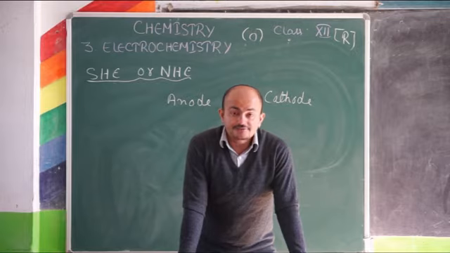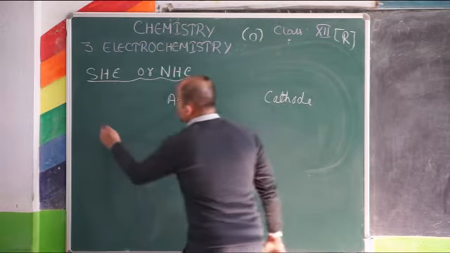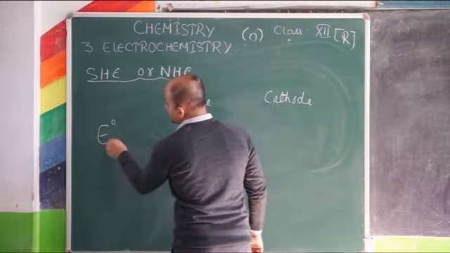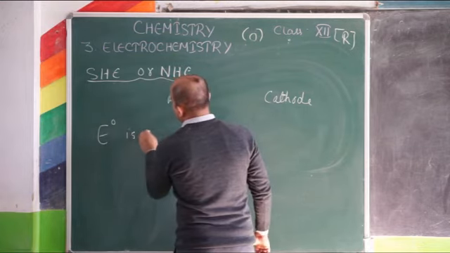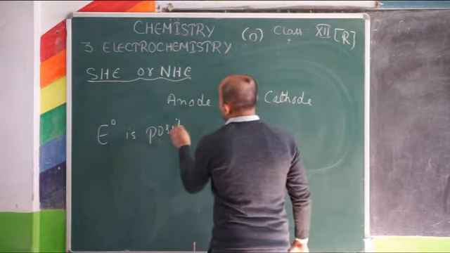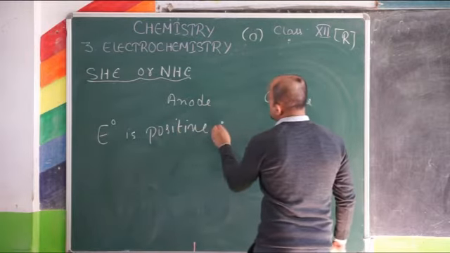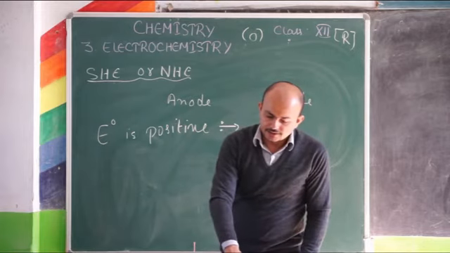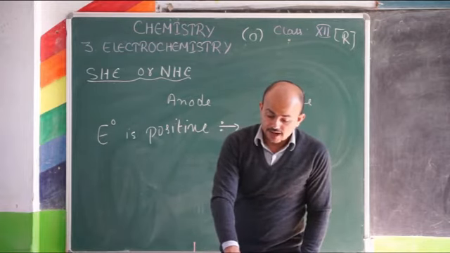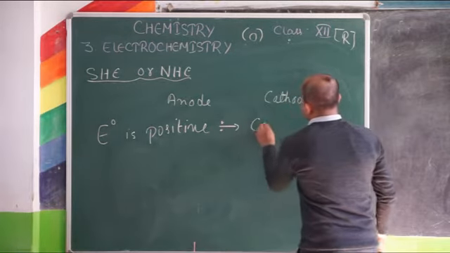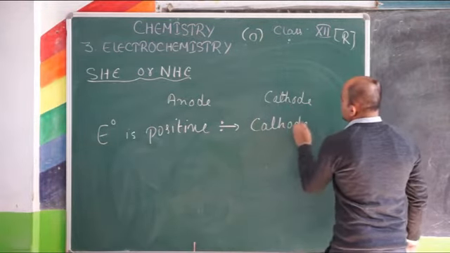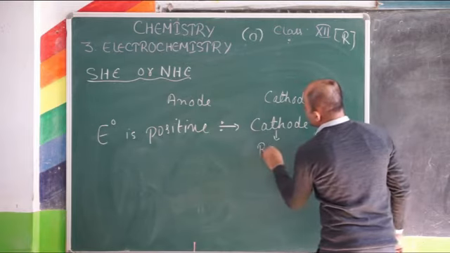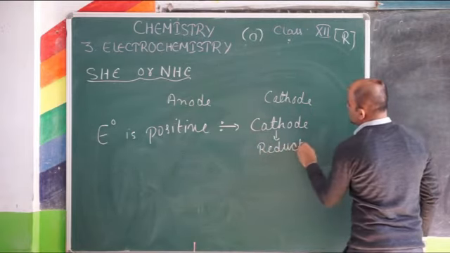If E naught, that means the standard electrode potential value, is positive, then what will happen? This half cell will act as cathode, and in the cathode, reduction takes place.